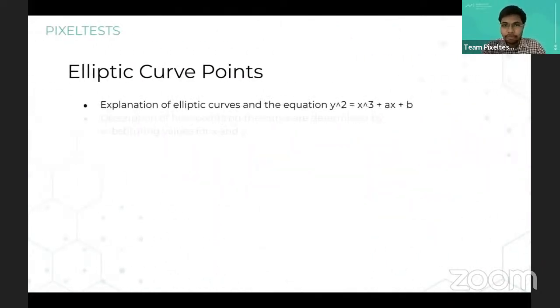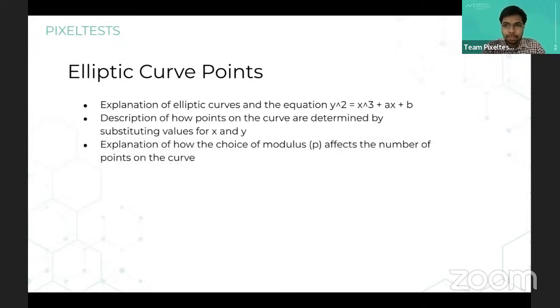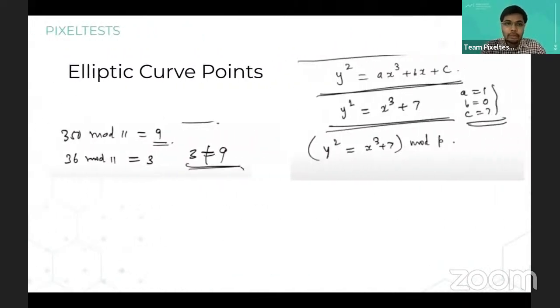So let's say we have the curve y square equal to x cube plus ax plus b. Now in this, let's see if one particular point satisfies this equation or not. Let's say the question is, does 7 comma 6 belong on the curve?